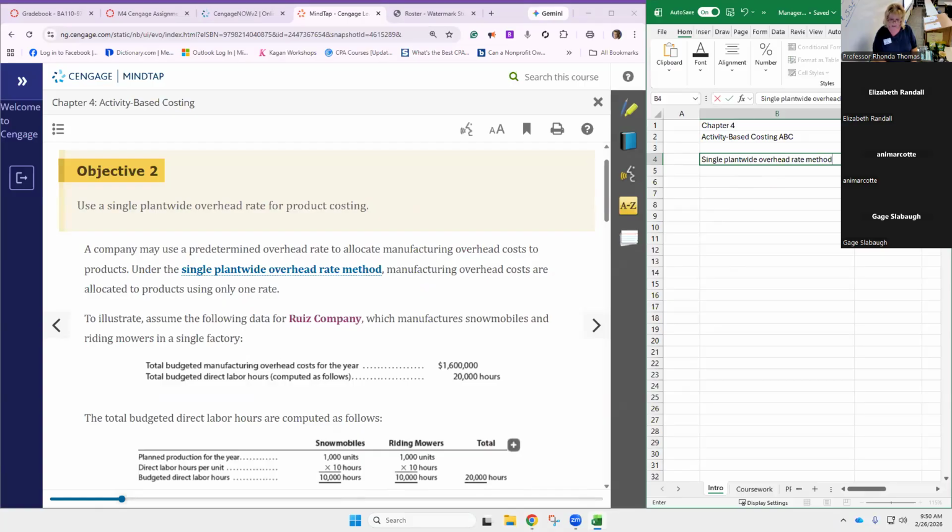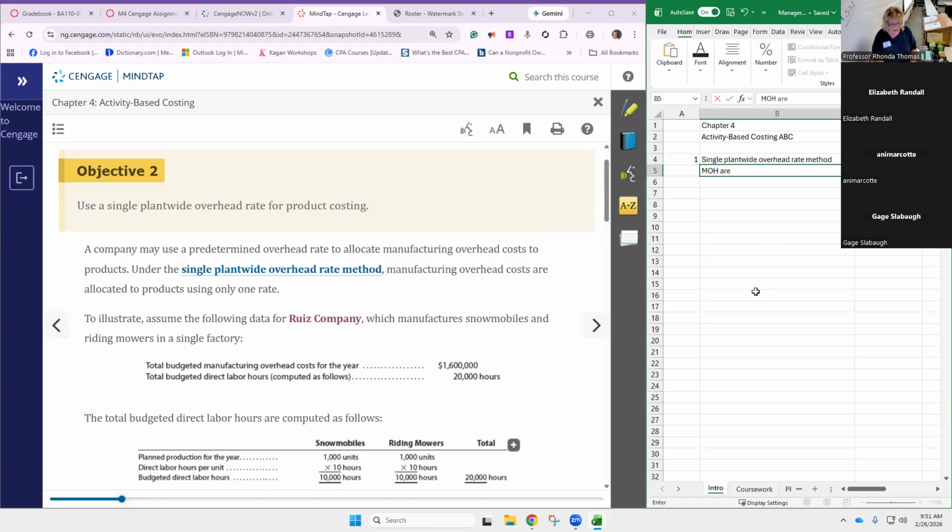See if there's anything that we could write down about it. It says manufacturing overhead costs are allocated to products using only one rate. Let's just fill that in. That's an explanation of this method. And this is our method number 1, right? Method number 1, one more time.